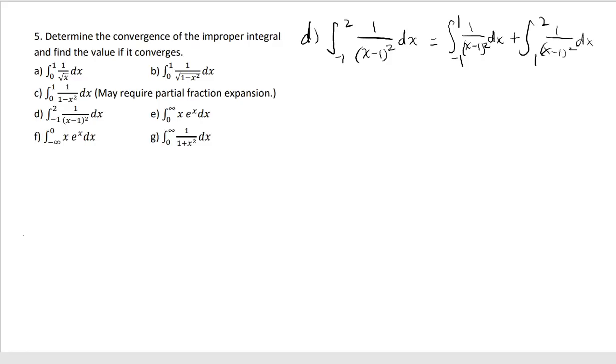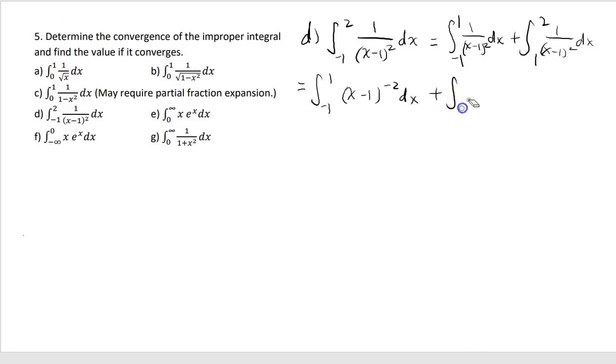And if either one of these diverges to infinity, then we have to say that this integral does not exist. So let's track each of these integrals. They both have the form x minus 1 to the negative 2 power. I'm writing it this way so that we can use the power rule to integrate.